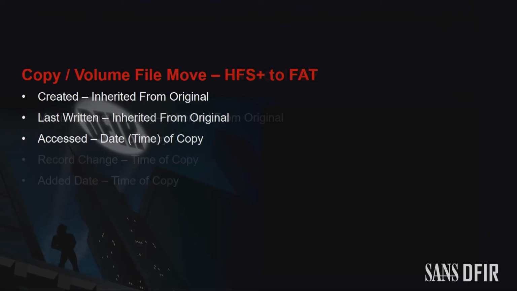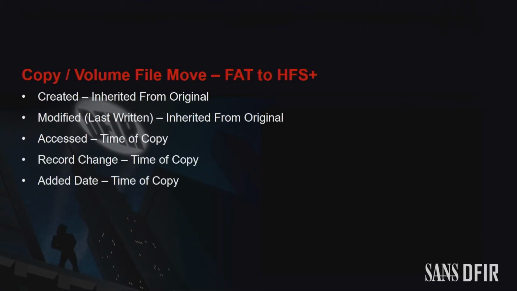What about the other way around? Well, it's pretty much the same, except that there's just more values. So, created, modified, once again inherited, everything else updated to the time of copy.